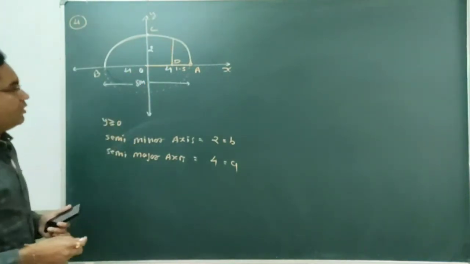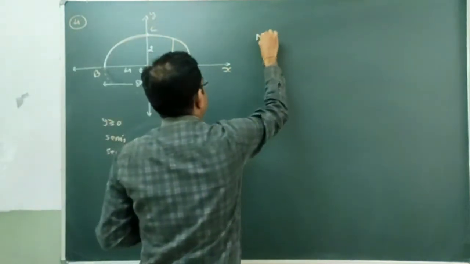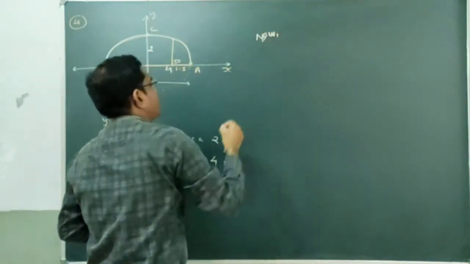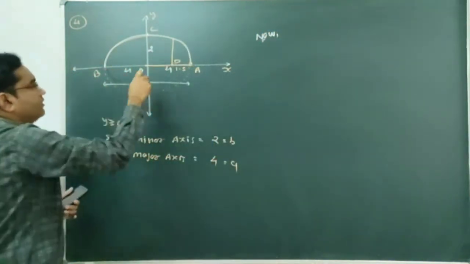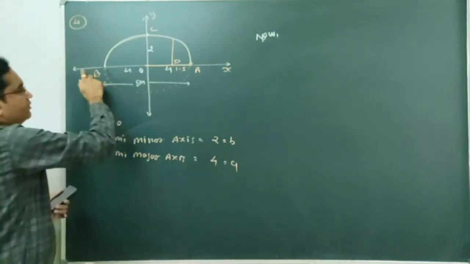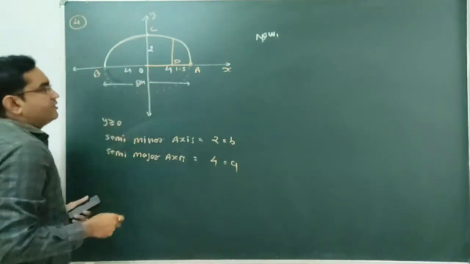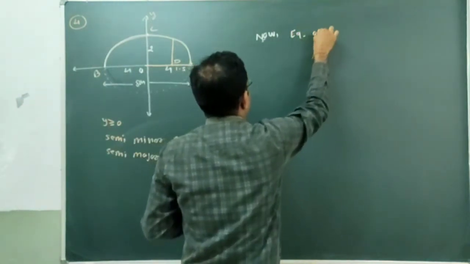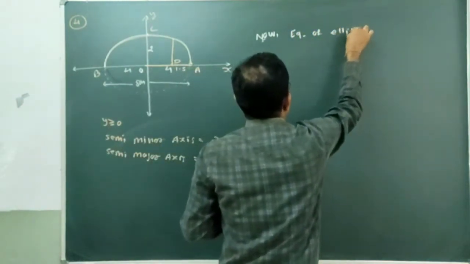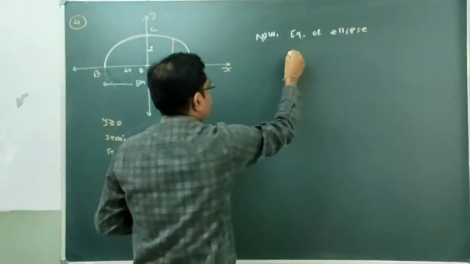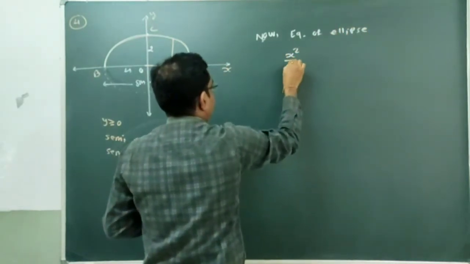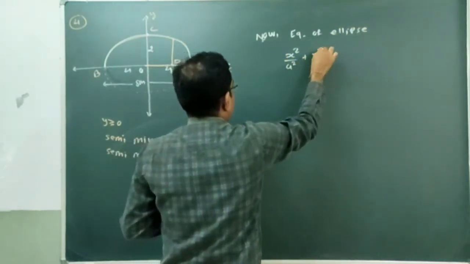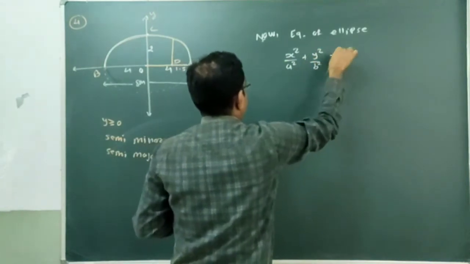So now here we have considered one ellipse. The equation of an ellipse whose major axis is along the x-axis will be x square by a square plus y square by b square equal to 1.